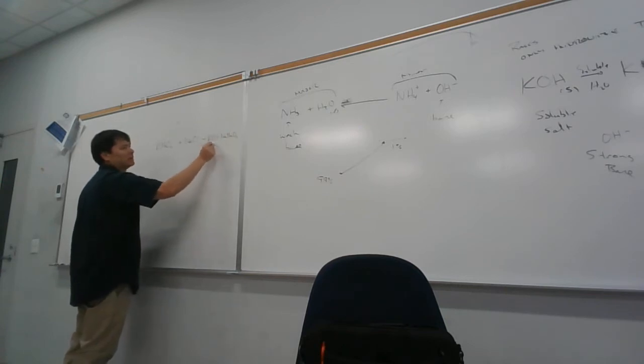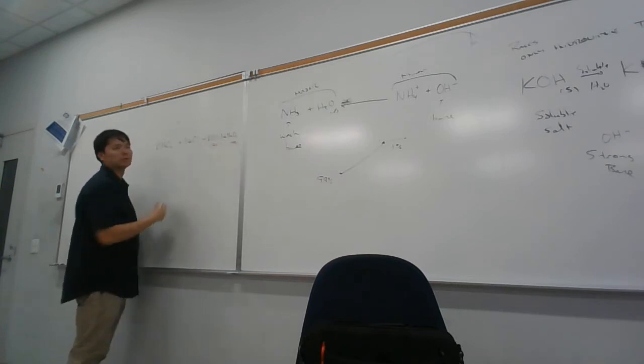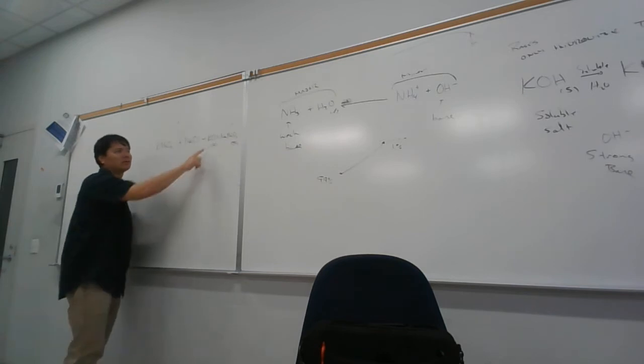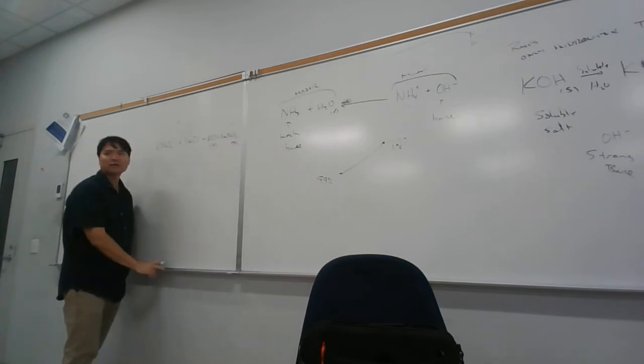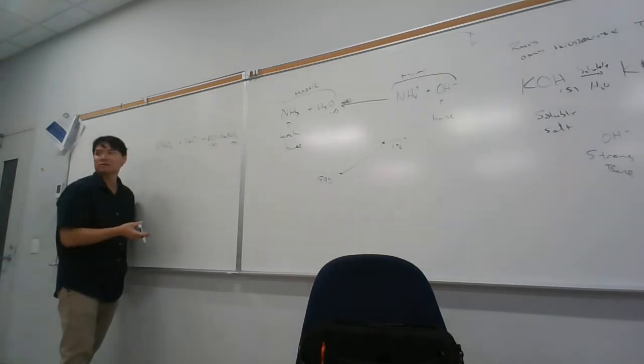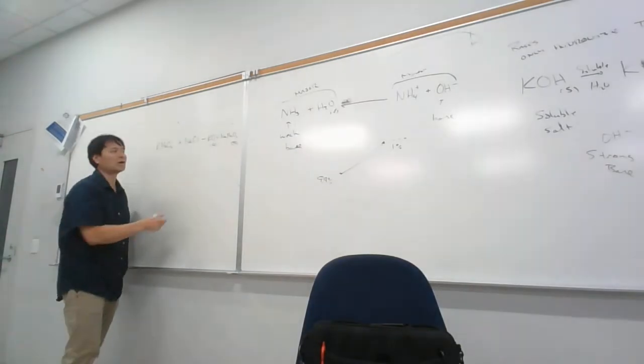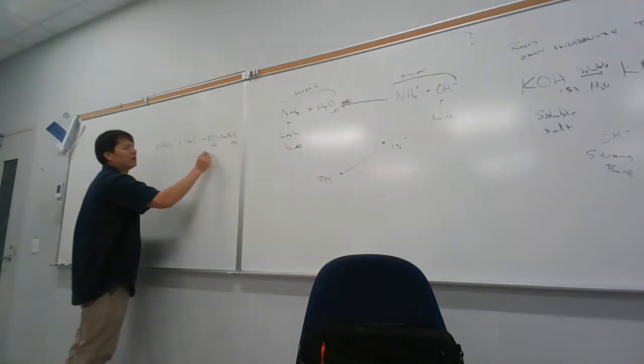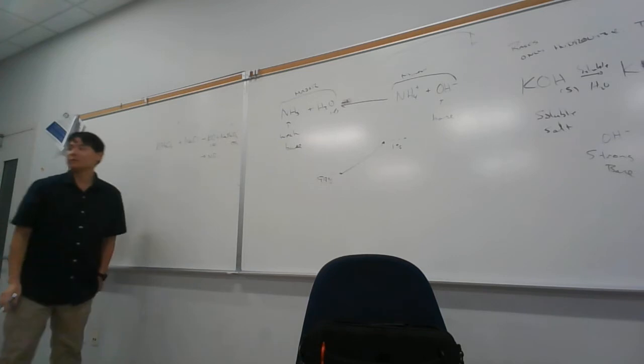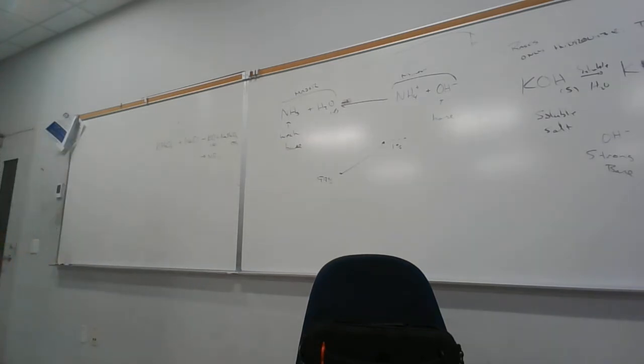Both of these are aqueous, so no precipitate. Neither of these are gases, so no gas. And they aren't acids, so there's no driving force. So we might say NR, but that would be a mistake, because NR applies to double replacement. There's actually a redox reaction that occurs here.